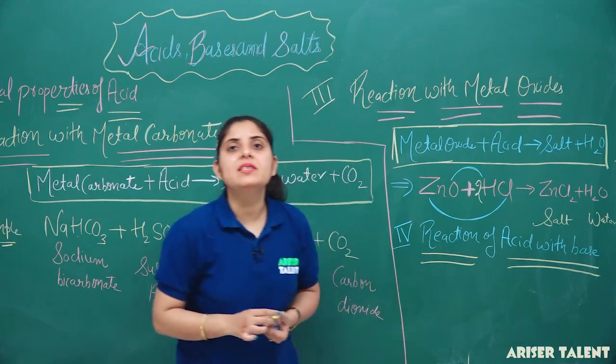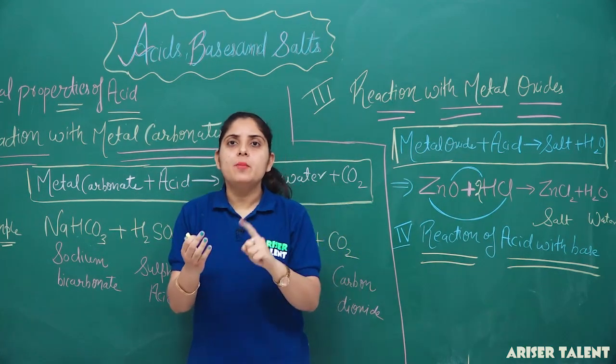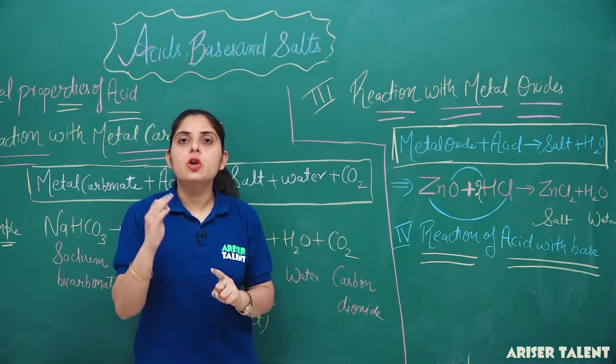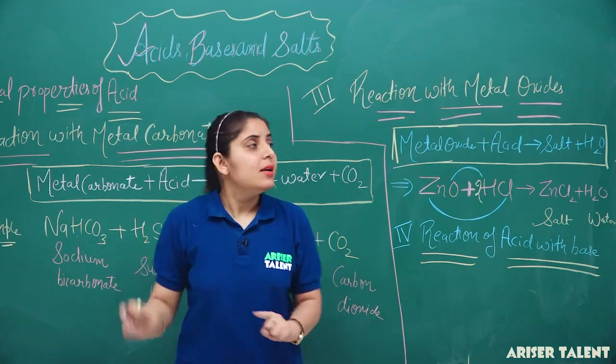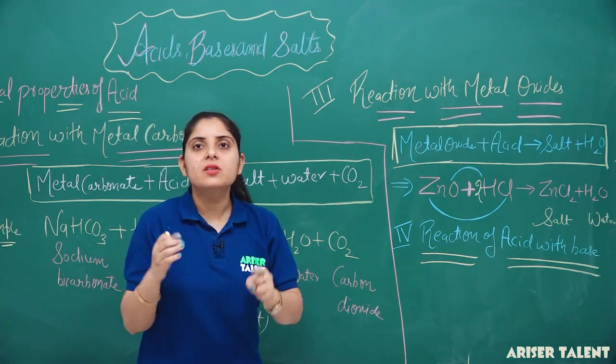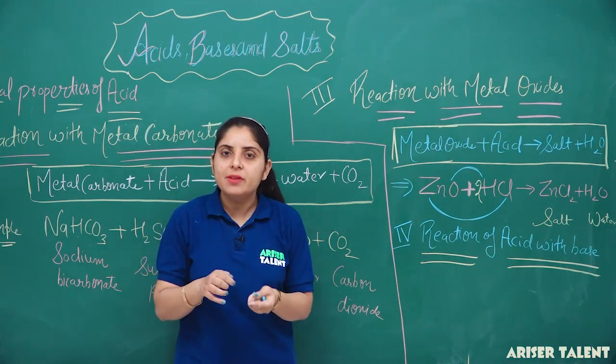First category we have discussed is reaction of active or non-active metal with acid. Second category we have dealt with is reaction of metal carbonate with acid. Third category we have discussed is reaction of metal oxide with acid, and we are on our last category, that is reaction of acid with base.